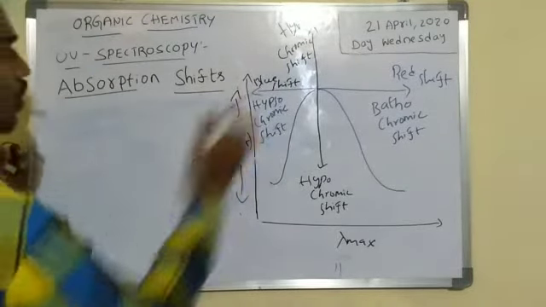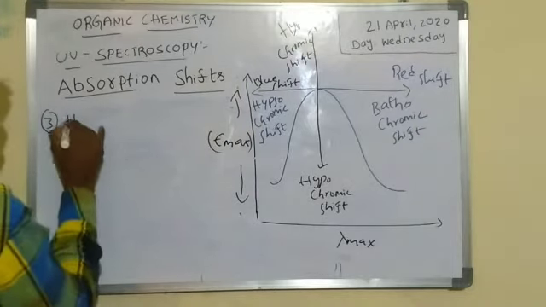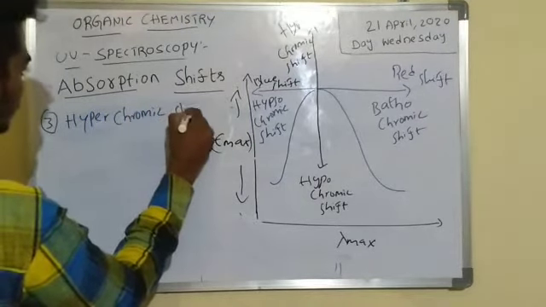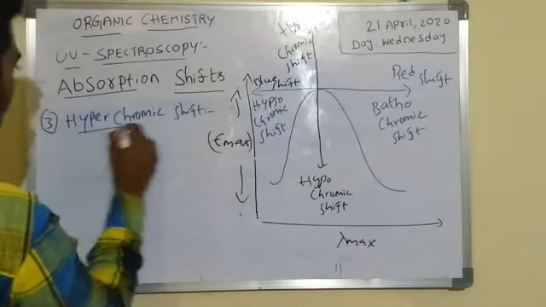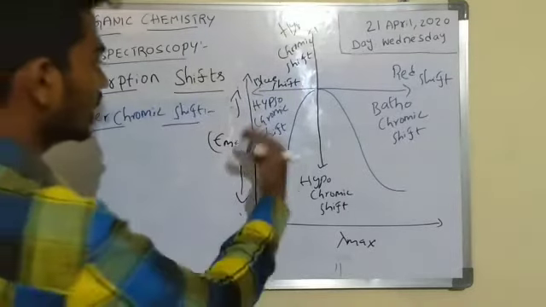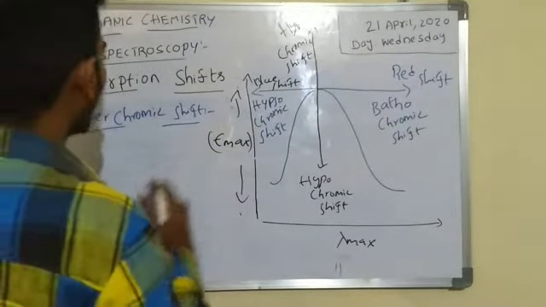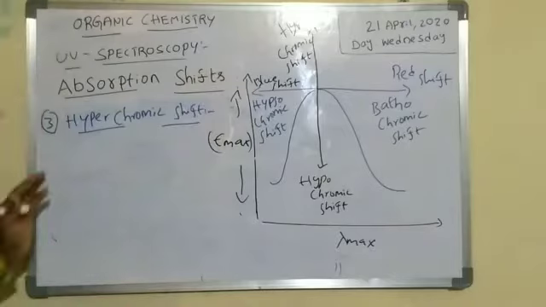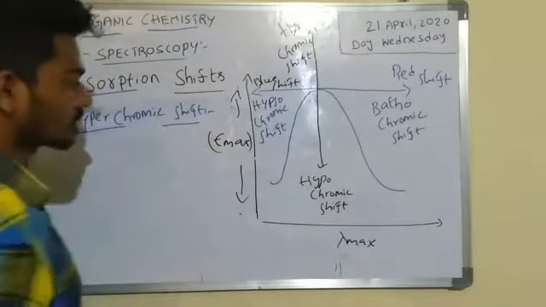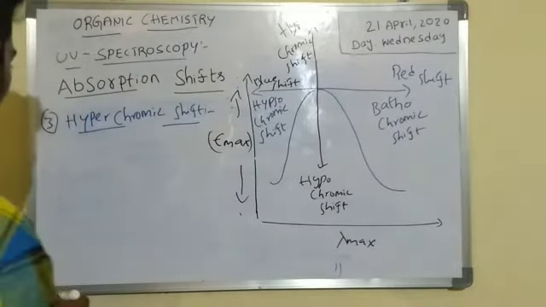Now you can see the hyperchromic shift, that is the third one. Hyperchromic shift is an effect due to increasing the intensity of absorption maximum. Simply, this hyperchromic shift is an effect due to increasing the intensity of absorption maximum, and it is called hyperchromic shift.